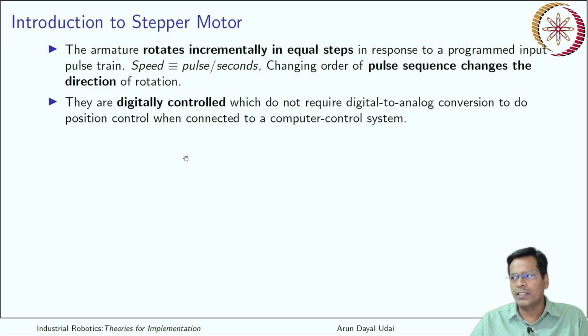They are digitally controlled and do not require any digital to analog conversion to do position control. In the case of a DC motor, if you want to do position control, you have to take feedback in terms of angle, compare it, and then have a controller which does some sort of control.